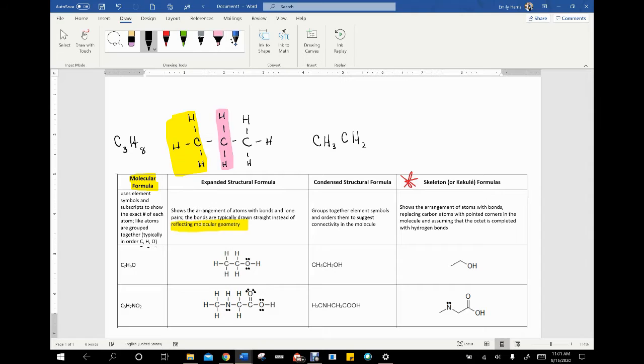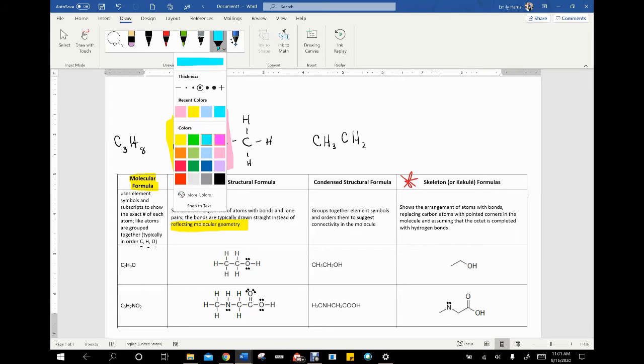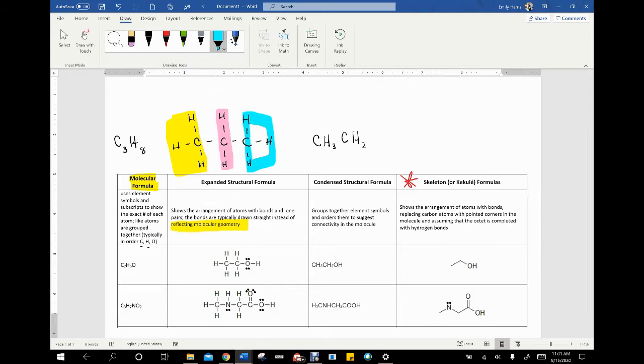So our first group is CH3, the next group in line is CH2, and then we find ourselves back at another CH3 group to finish off the molecule. So our final portion of the condensed structural formula will be CH3. We're just using symbols and subscripts, but we're grouping those atoms together to show how those pieces are connected within the molecule.